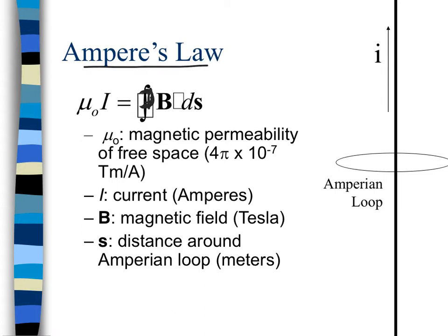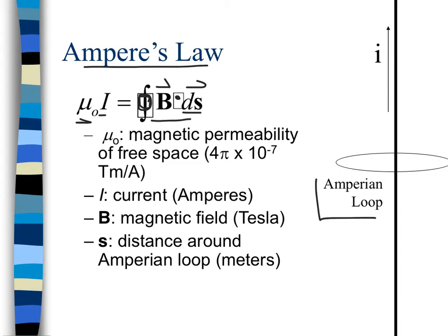I know it didn't quite show up on my slide, but the integral around a closed loop of the magnetic field vector dotted with a displacement, a path around which we might say walk or something. And if I take that integral of B dotted with our path length around a closed loop, then that should equal however much current I have enclosed by that loop multiplied by this constant, the permeability of free space.